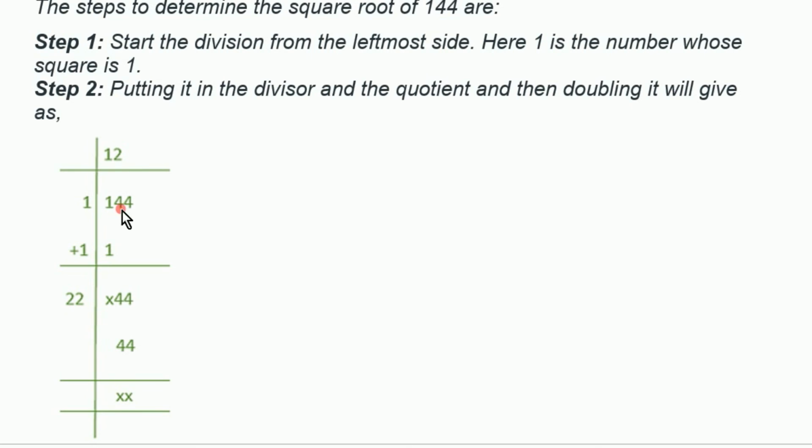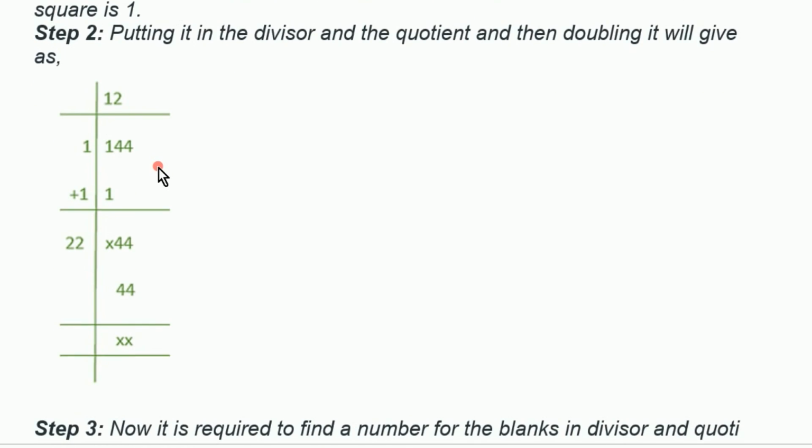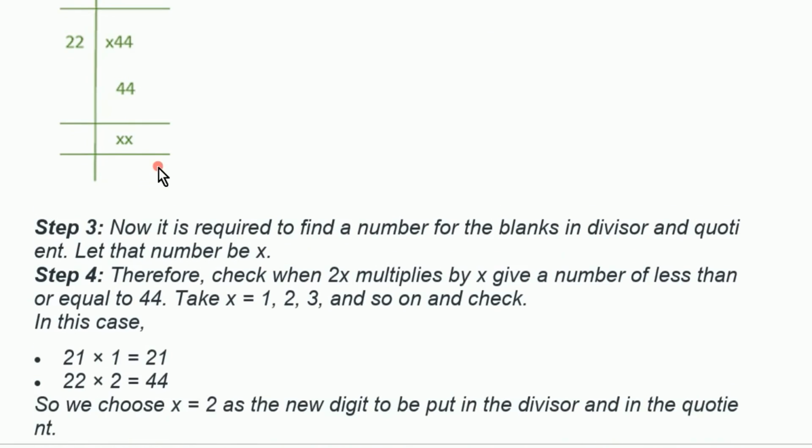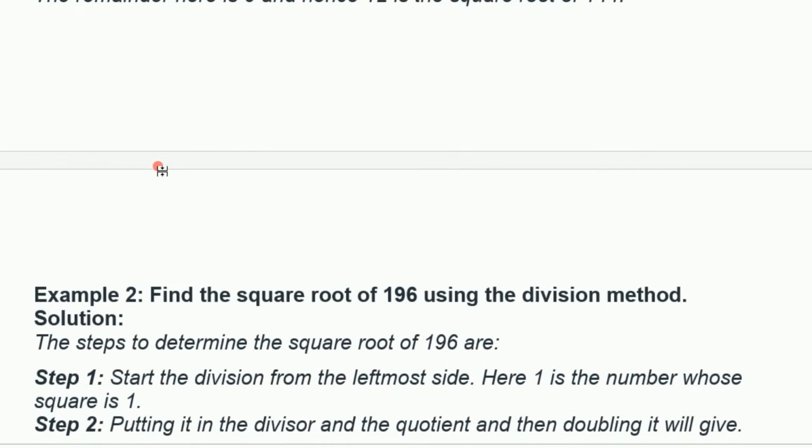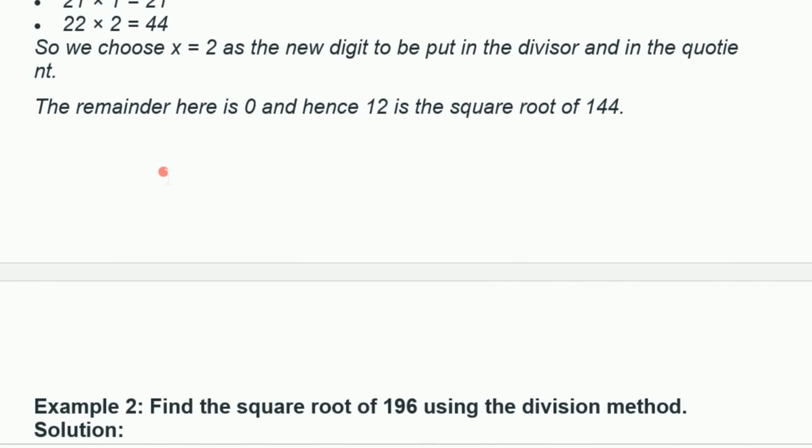If I keep 1, 21 times 1 is 21, it's not possible with 44. So we take 2 and try: 22 times 2 is 44. So the remainder is 0. That means 12 is the square root of 144. Try to find the square root of 196 by the same method.